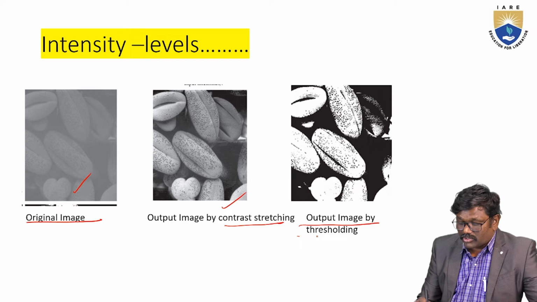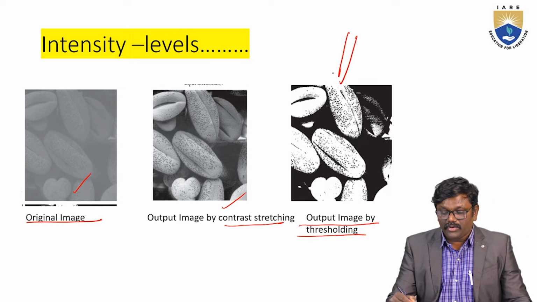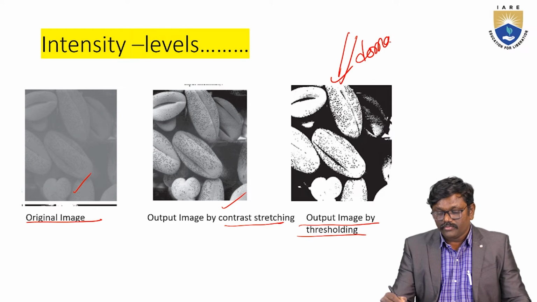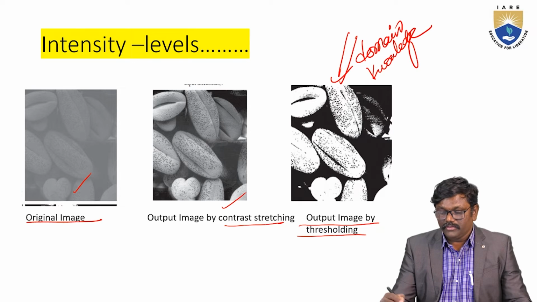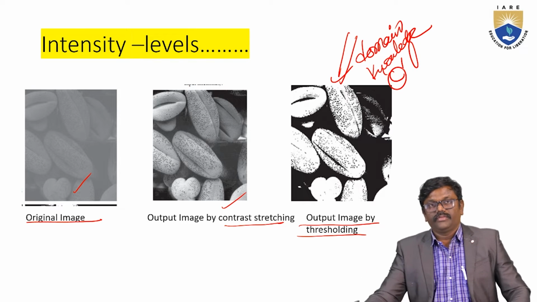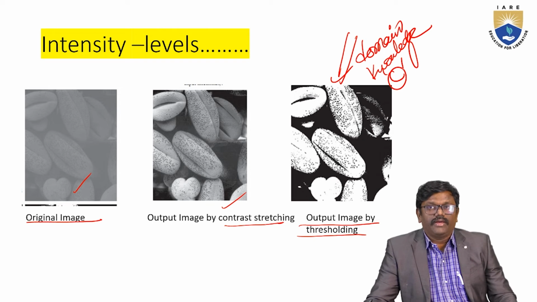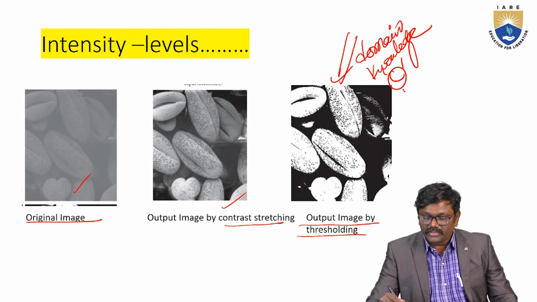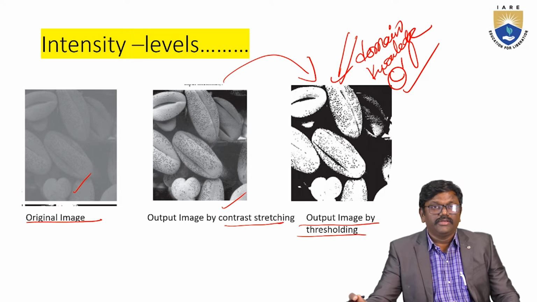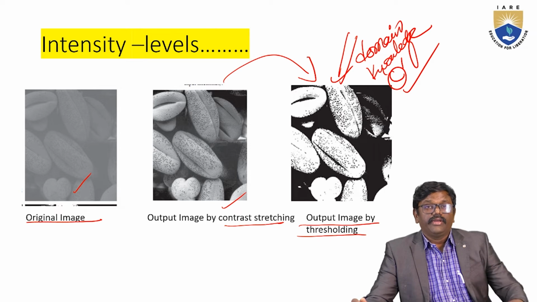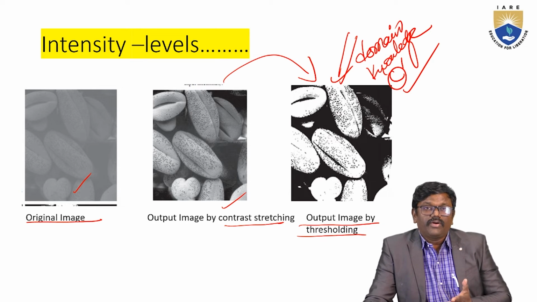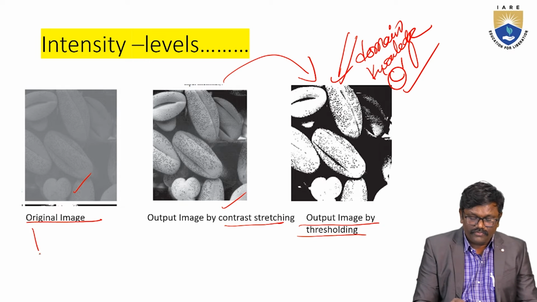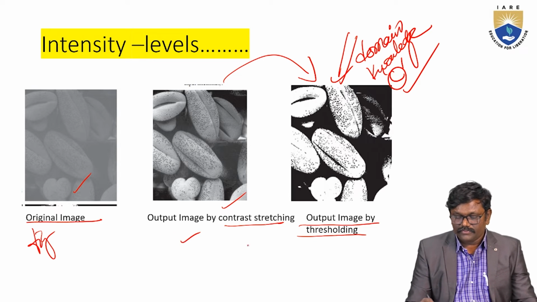The output image by thresholding depends upon your domain knowledge. Based on your domain knowledge, you keep your threshold value, and based on your threshold value, you convert your image into different intensity levels. That's what we can understand from each of these figures.